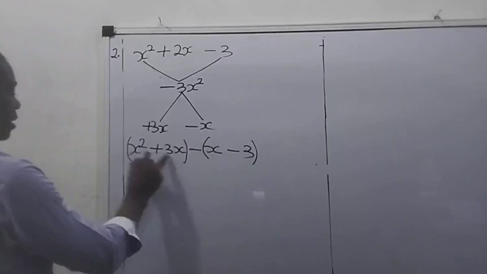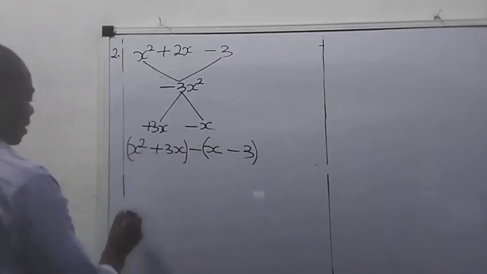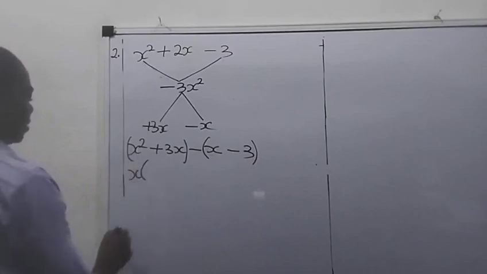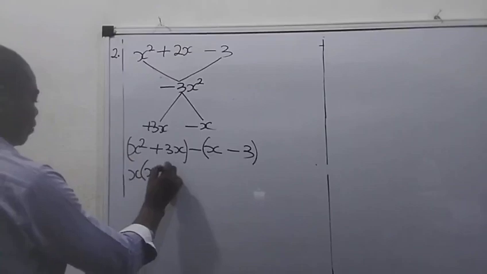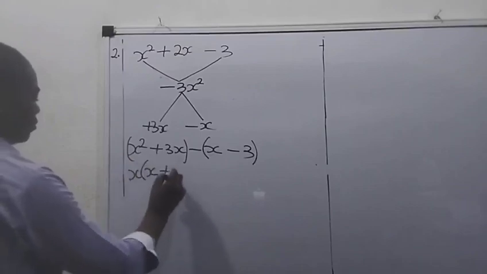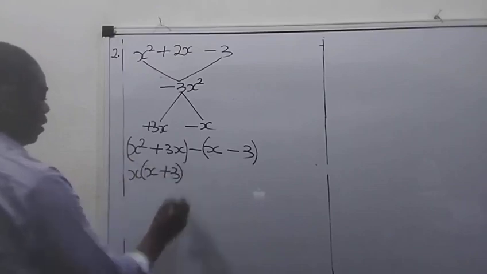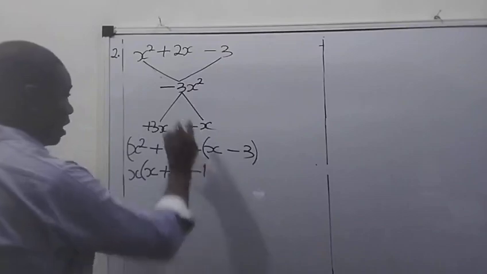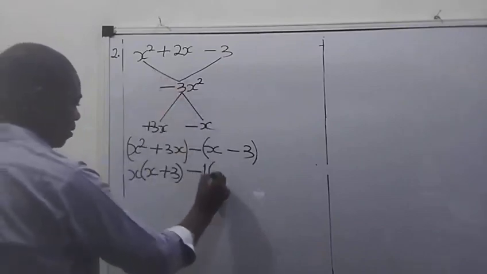What is common to this x squared and 3x? We have x. So bracket x goes into x squared will give me x, then plus x goes into 3x will give us 3. So minus, what is common here is just 1. Okay, that 1 we did not write is here now.